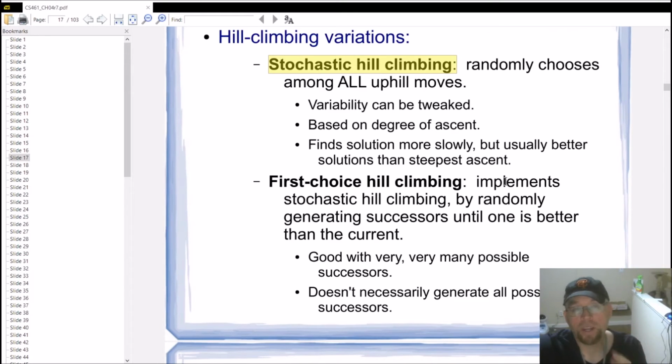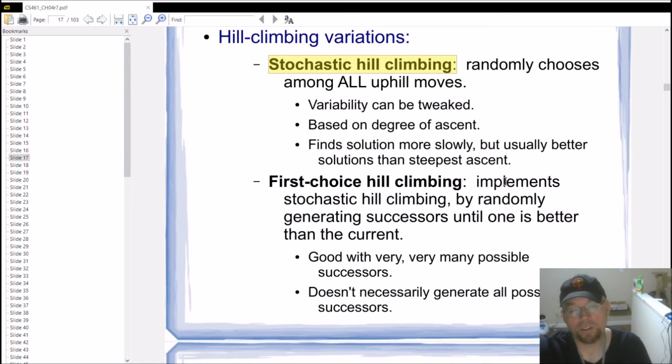But if you've got 3 uphill moves in the stochastic hill climbing algorithm, then what you do is you randomly pick among the 3 different nodes that improve your current position. Now, the randomness, you can tweak that, you can fine tune it, and you can base it off of, for example, the degree of ascent. Well, what does that mean, right? That just means the difference between the current node's value and the improved node's value, right?